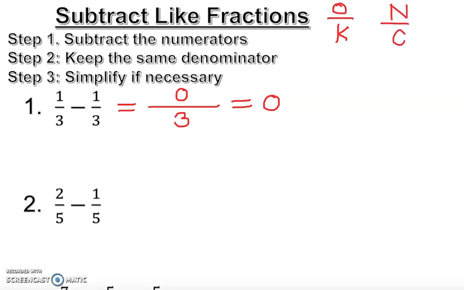Any number divided by 0, for example, 0 divided by 1, is going to be 0. In this case, 1 divided by 0, no, it's not okay. It's going to be undefined.